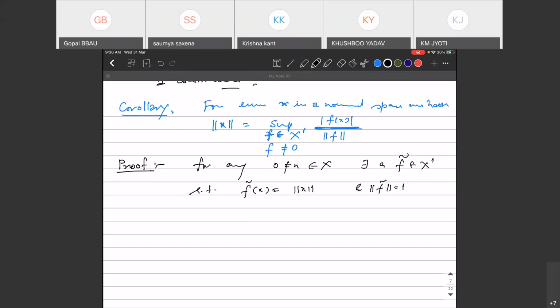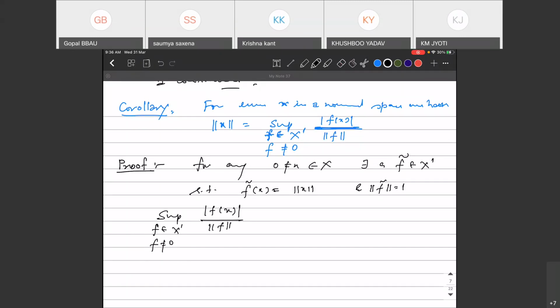So consider this part, the supremum over f in X dash, f non-zero, of the modulus of f(x) by norm f.